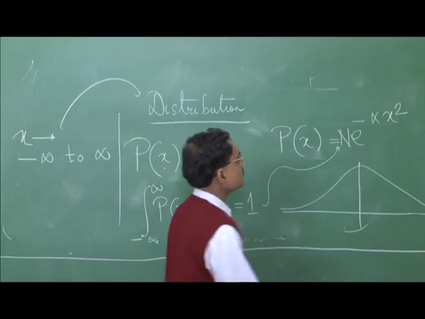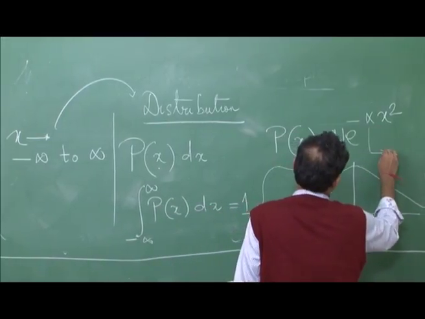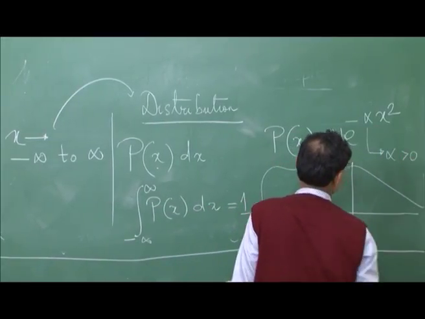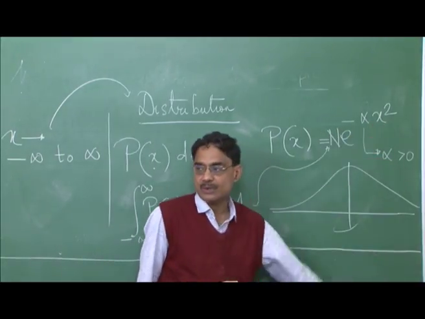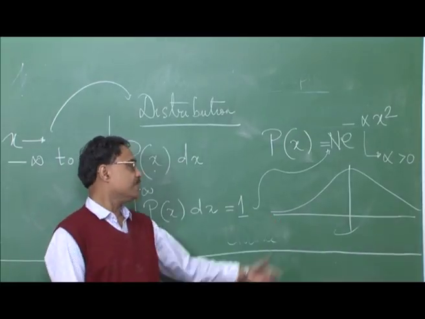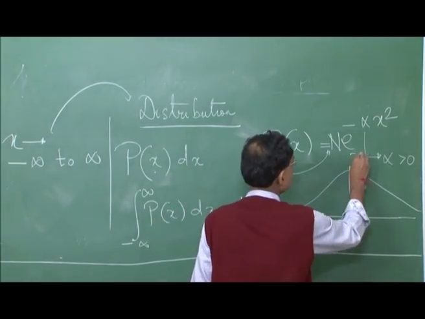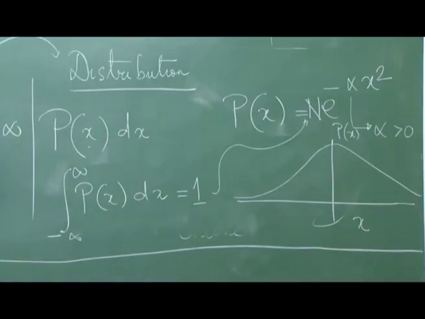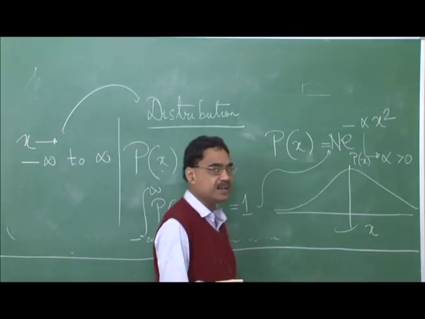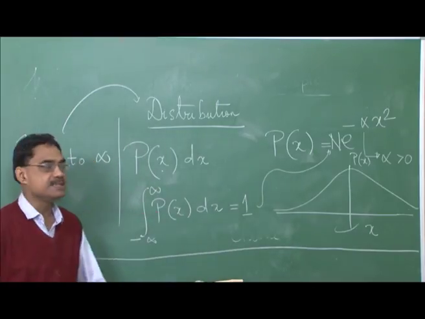Alpha is something positive, greater than 0. So, if alpha is greater than 0, the value at x going to infinity is 0 and at negative infinity is 0. I am plotting P(x) as a function of x. So, you can see for x going to positive infinity or negative infinity, these probabilities are basically 0.